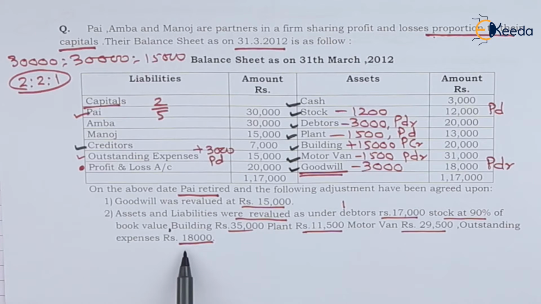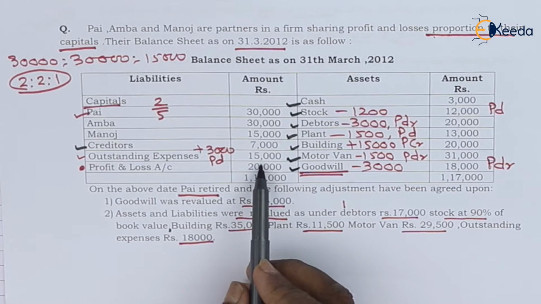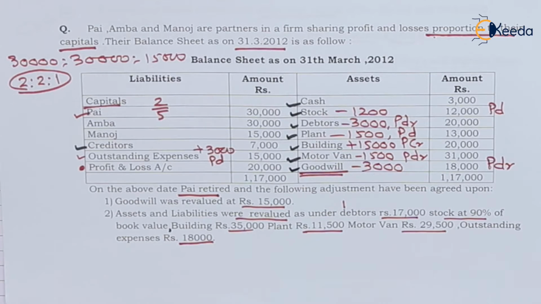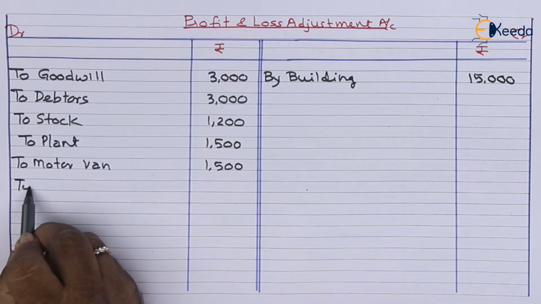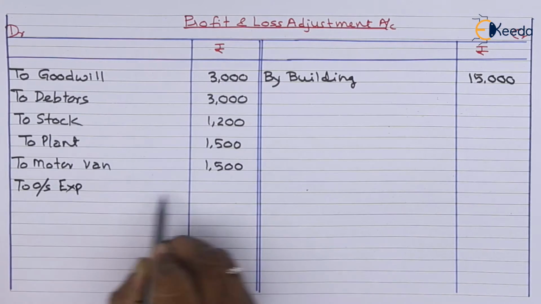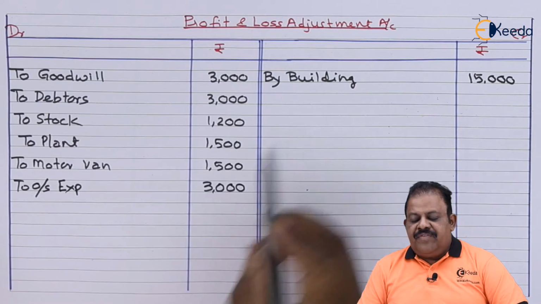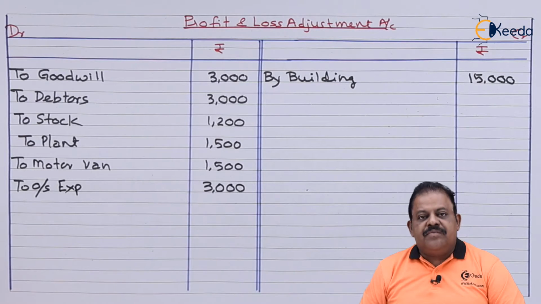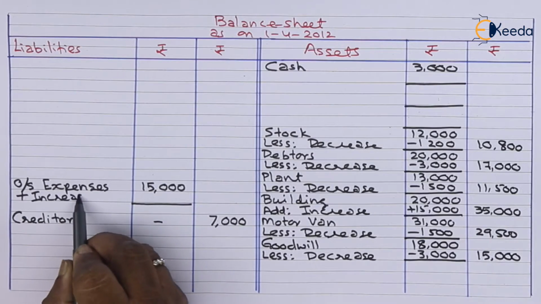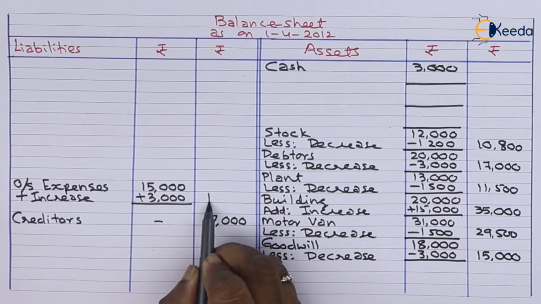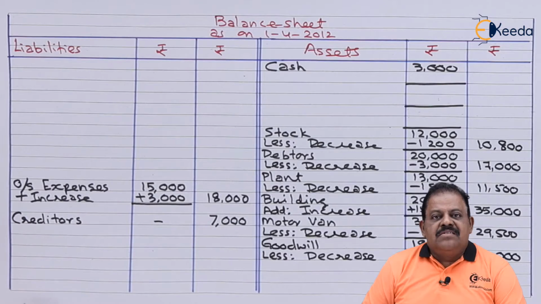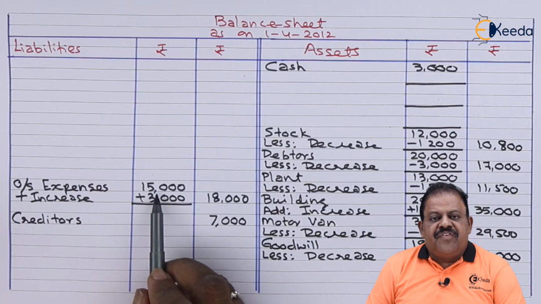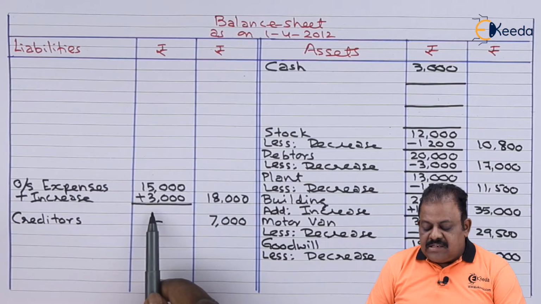29,500. Outstanding expenses 18,000. Here outstanding expenses we have 15,000. It is increased by 3,000. Profit and loss adjustment account debit to outstanding expenses 3,000. Balance sheet liability side, outstanding expenses 15,000, add increase 3,000.